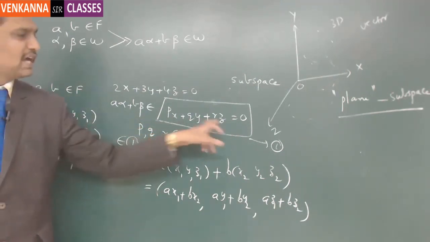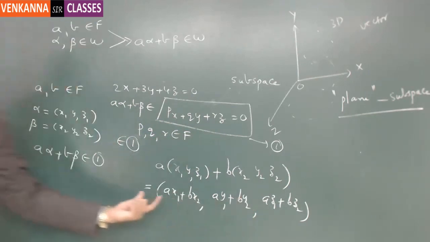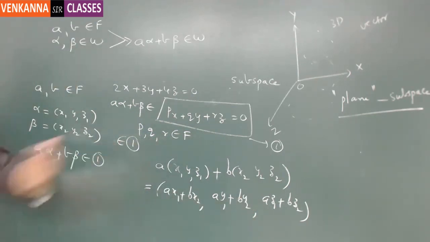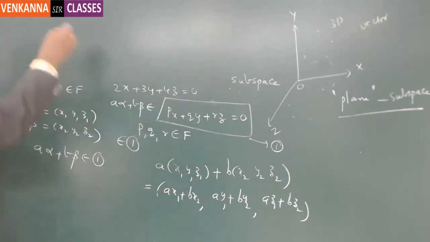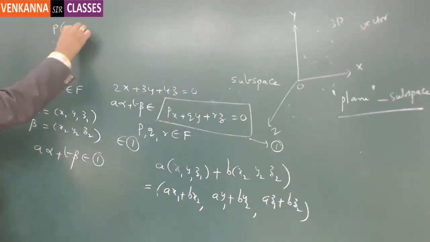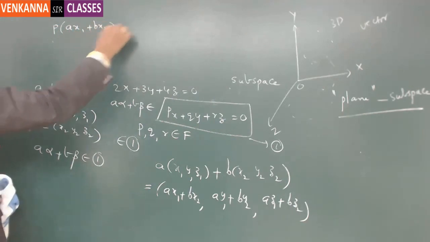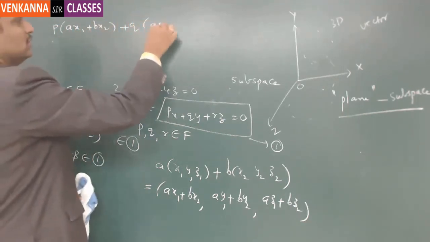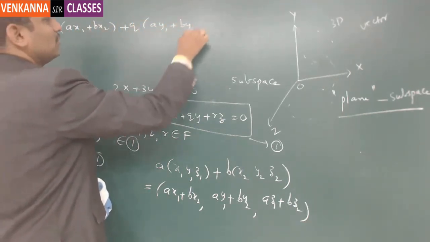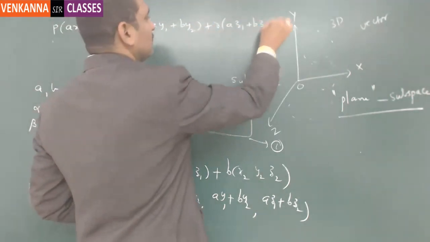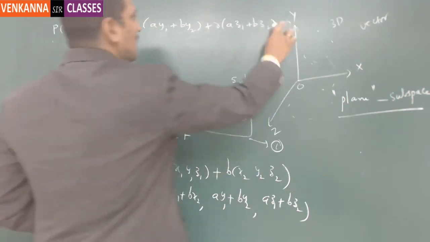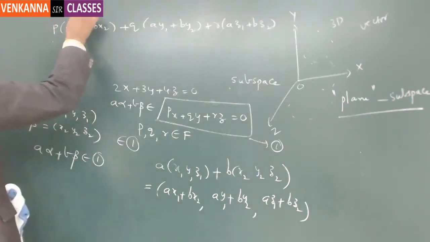So in place of x, y, z, I substitute these coordinates and I should get the result as 0. So P into (ax1 plus bx2) plus q into (ay1 plus by2) plus r into (az1 plus bz2) equal to 0. I should prove the result is 0.